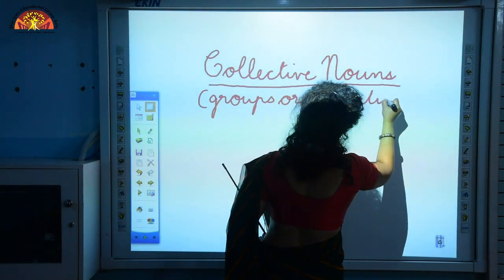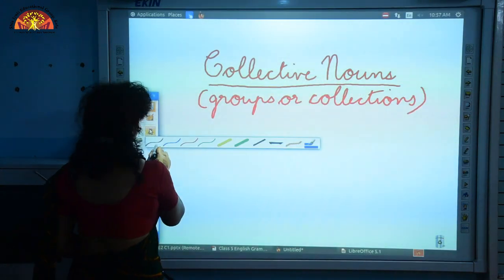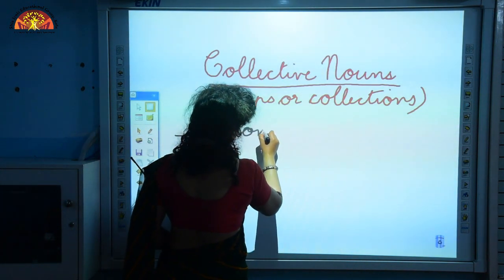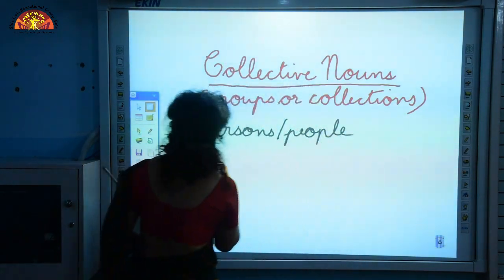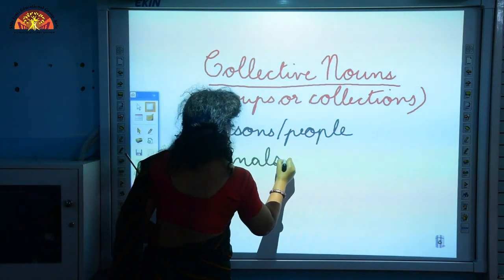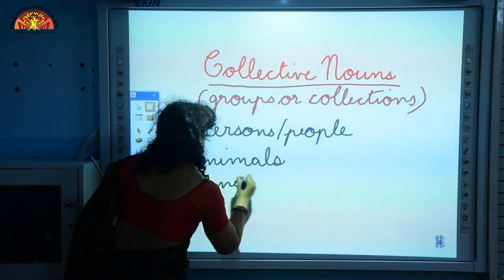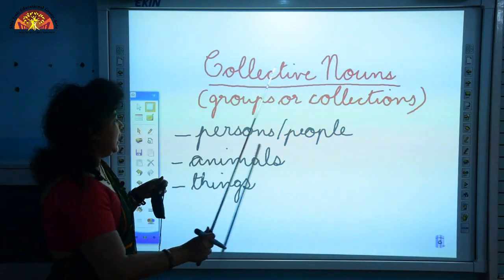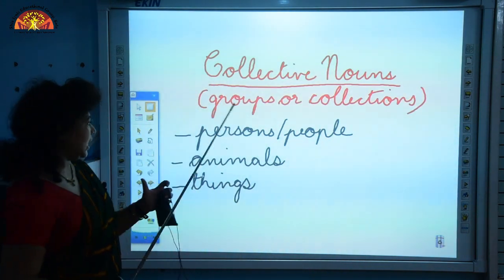Collective nouns are the names of groups or collections of persons or people, animals and things taken together as a whole. That is, they are groups or collections of people, animals and things taken together as a whole.